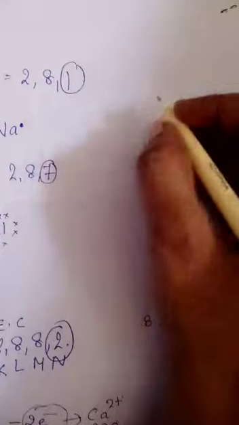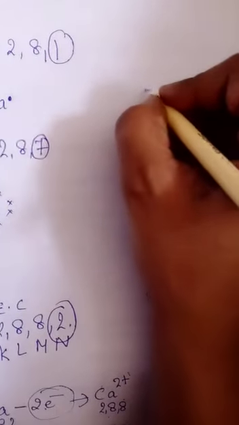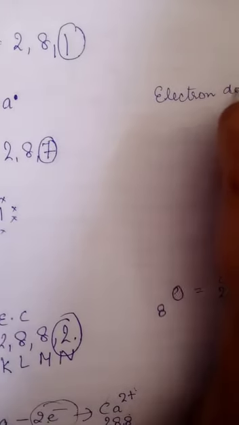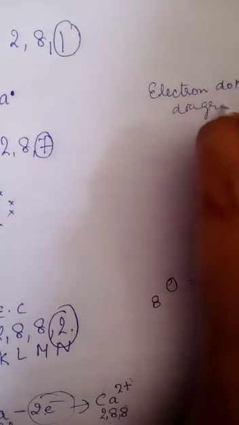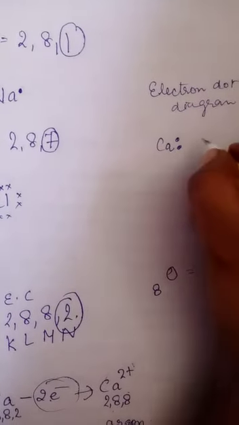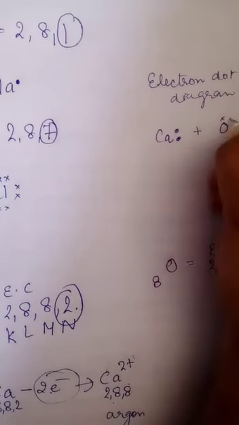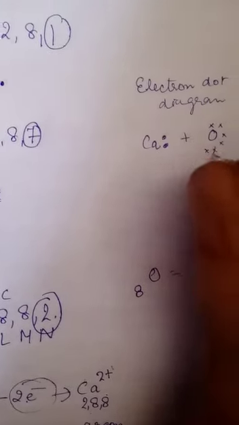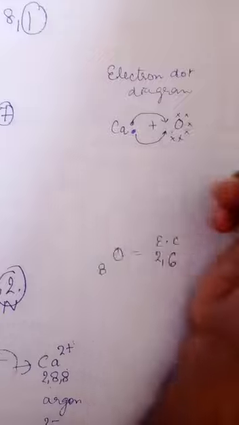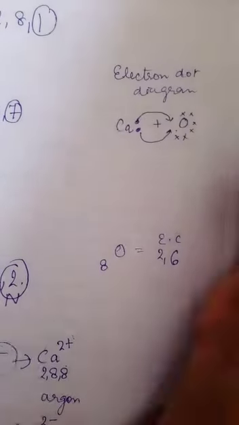So how will the loss and gain be shown in the form of an electron dot diagram? Electron dot diagram. So calcium has 2 electrons in the outermost shell plus oxygen has 6 electrons in the outermost shell. Now both the electrons will be lost or transferred towards the oxygen.